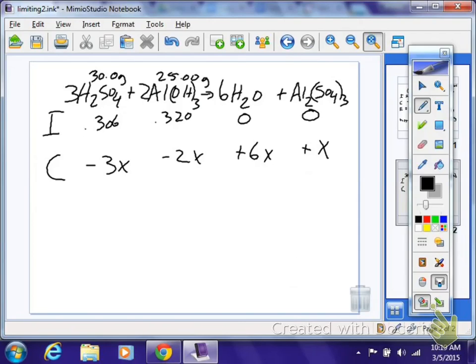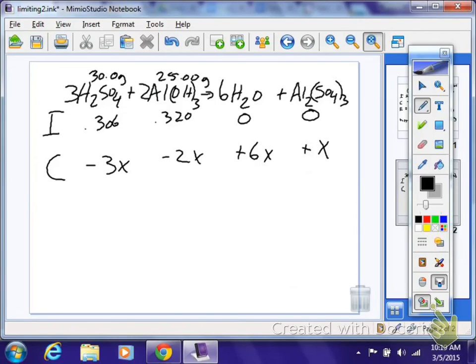So that's my change. Now, I can only have one x value. The reason I take this 0.306 and divide it by 3 is to see how many moles I would have if it's just looking at H2SO4. Okay? And then the 0.320, I'm looking to see how many moles I would have available when I divide by 2.